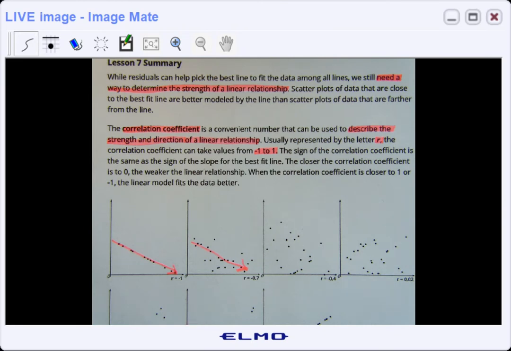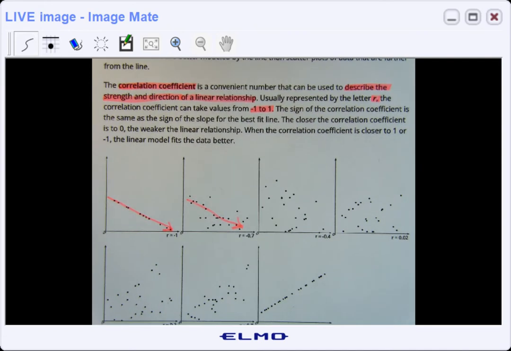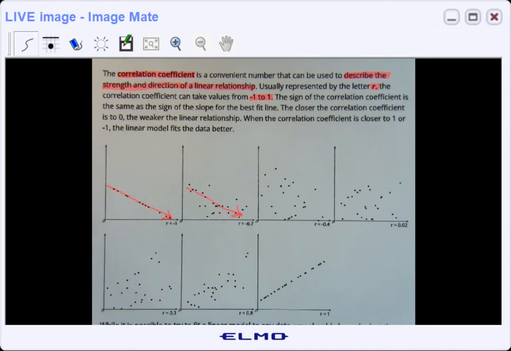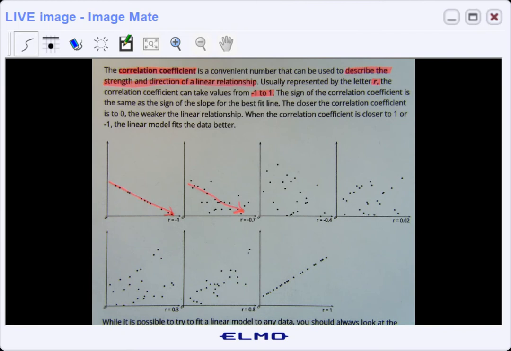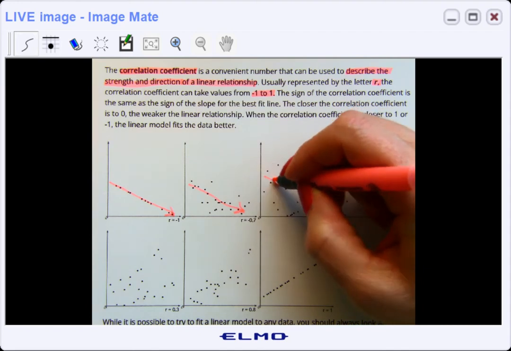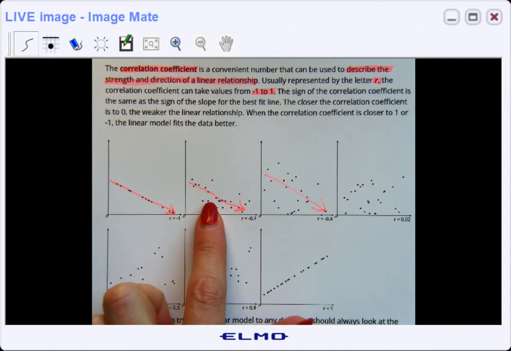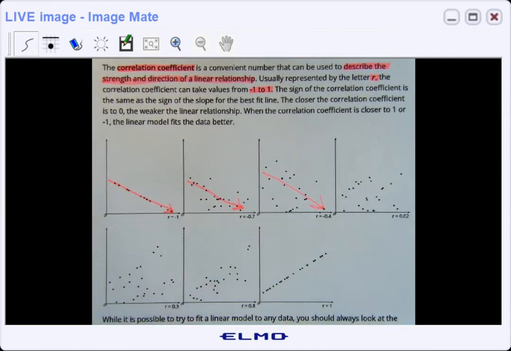A correlation coefficient, or R value, of 0 would mean there's no correlation between the data. The points are all over the place. This is also trending in a negative direction, just not as close to the line of best fit as the two before it.